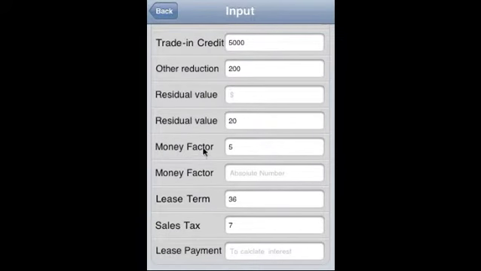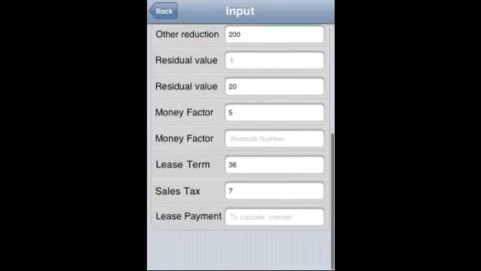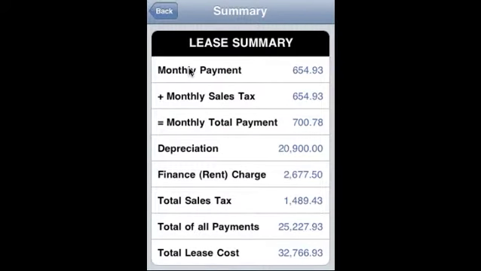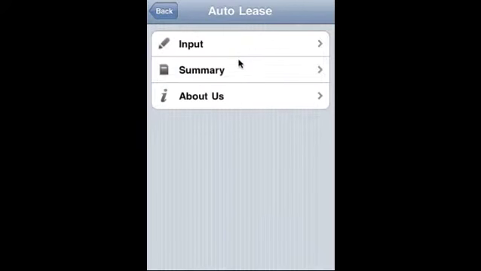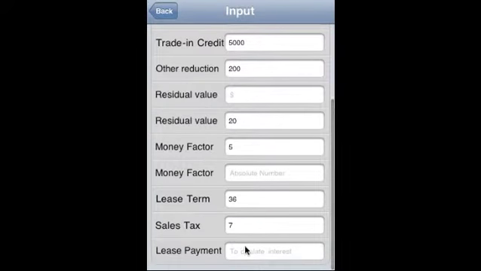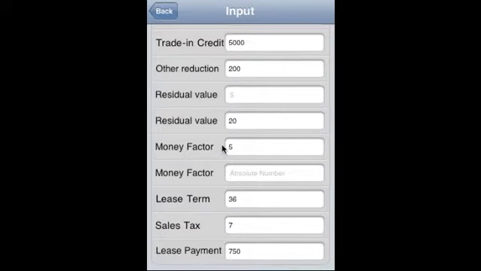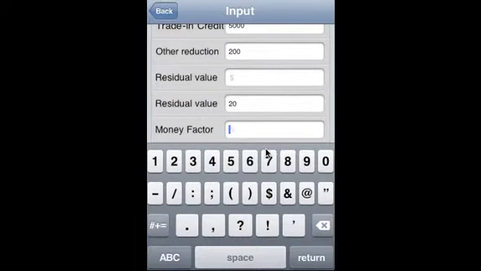Say we will calculate the lease payment. In this case, we come up with the monthly lease payment, which is $700.78. So we'll go back here, say $750. We just are interested to find out the interest rate we actually pay.